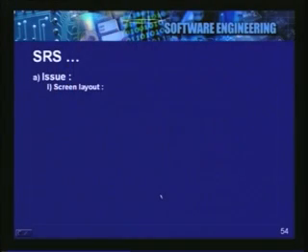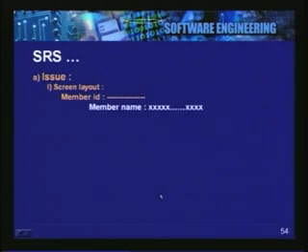So, considering the issue activity, we logically describe here the way the screen would look, what the different elements are that the screen will contain. The issue screen will accept the ID of the member for whom the book is being issued. Then the system will respond by telling us the name of the user and his department, and we will use this as a verification. So, is the member ID that we have entered correct with respect to the system's data?